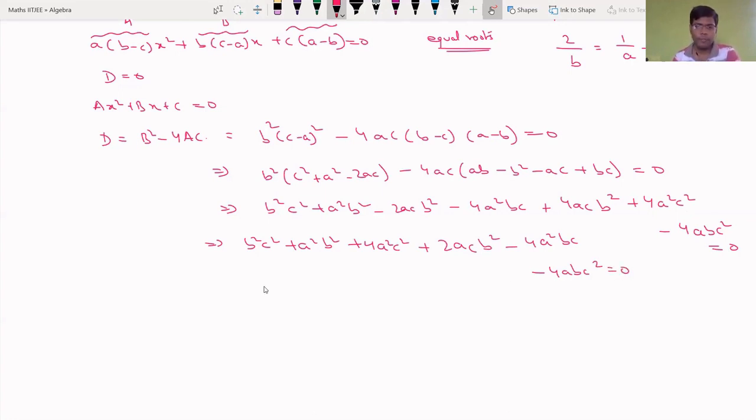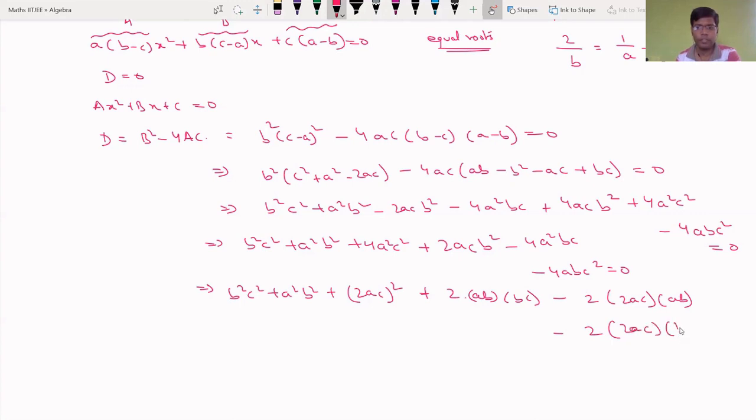If you observe carefully, if instead of this 4a square c square, I write it this way: b square c square plus a square b square plus (2ac) whole square plus 2 multiplied with ab bc minus 2 multiplied with 2ac ab minus 2 multiplied with 2ac bc, equal to 0.